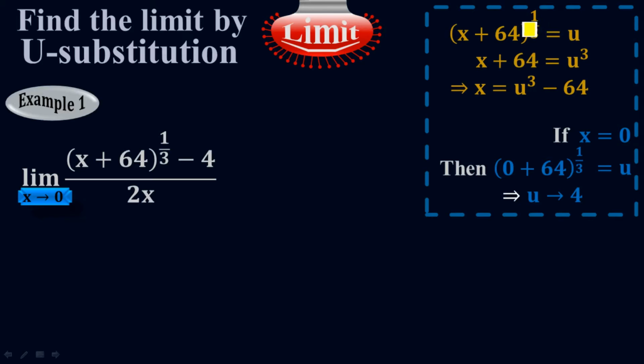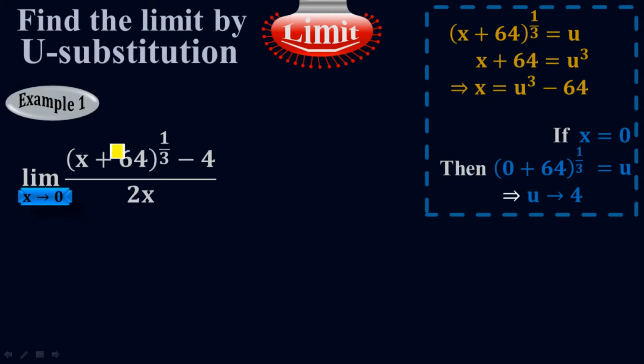You will get x plus 64 equals u cube, which implies that x equals u cube minus 64. Just push this 64 to the right side to become negative 64.